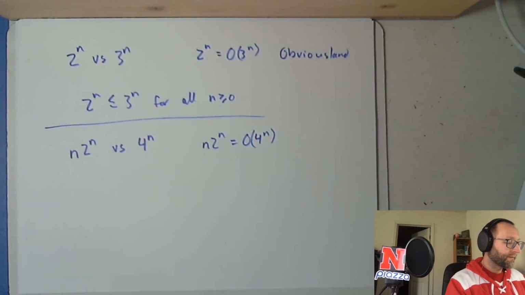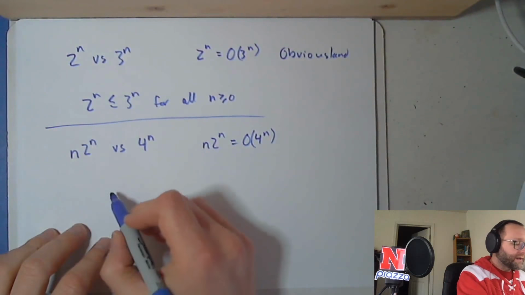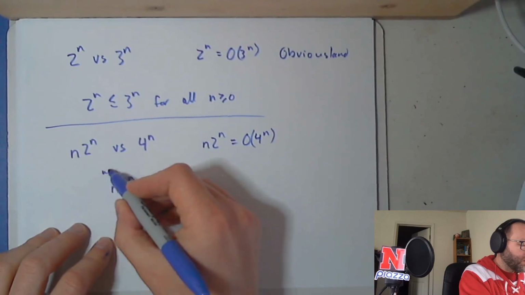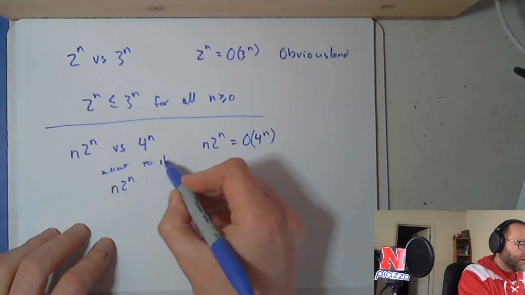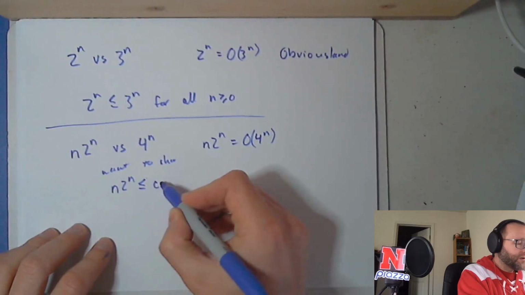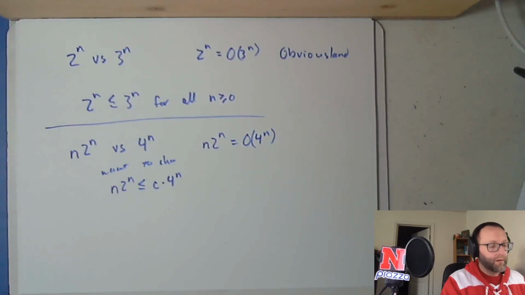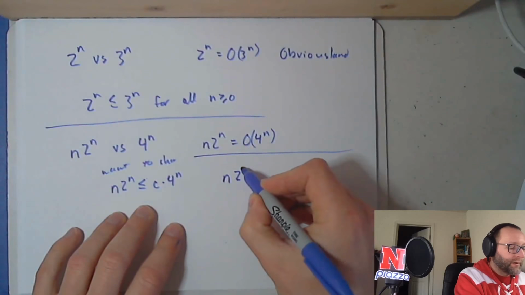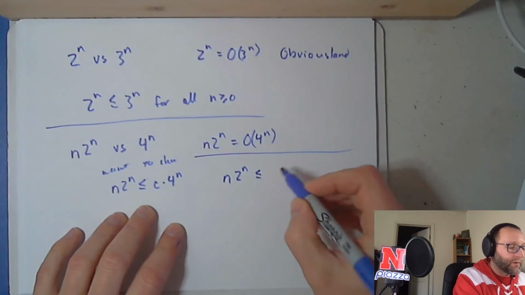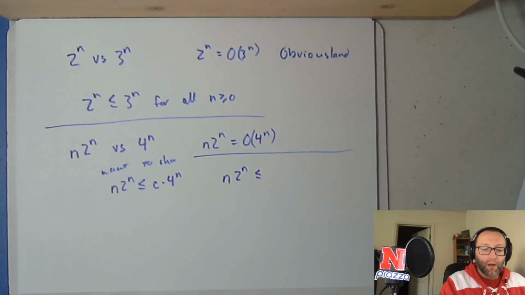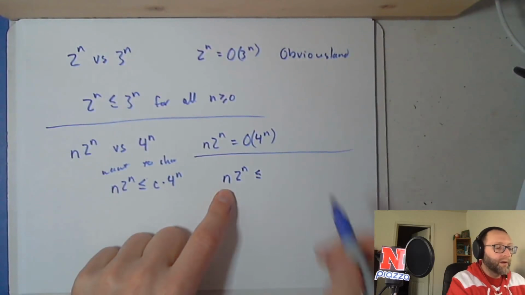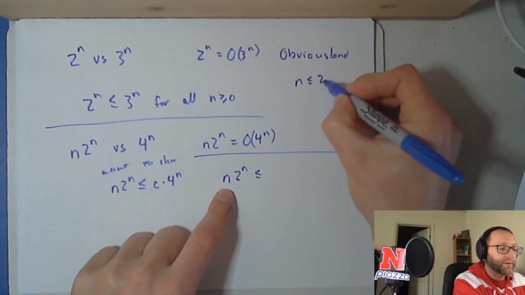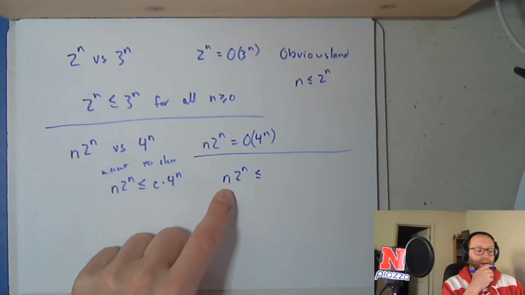All right, so let's go ahead and establish this. I want to show that n·2^n is less than or equal to some c times 4^n. So let's do it over here. n·2^n is less than or equal to what? Well, another part of obvious land here is that n is less than or equal to 2^n.